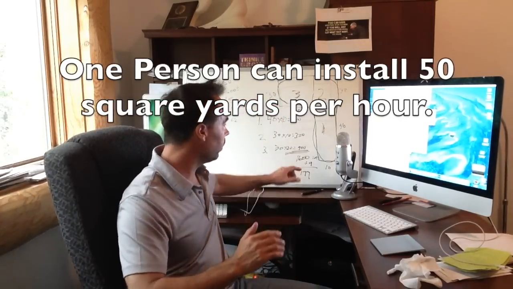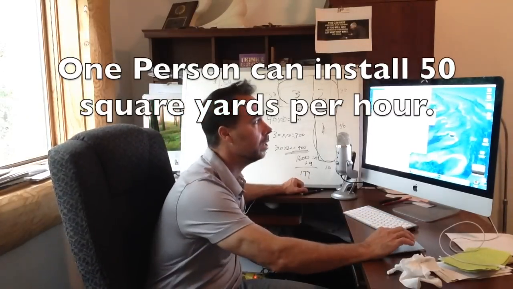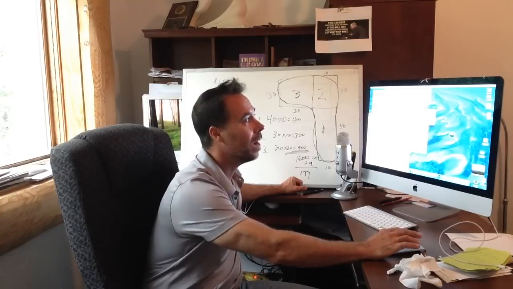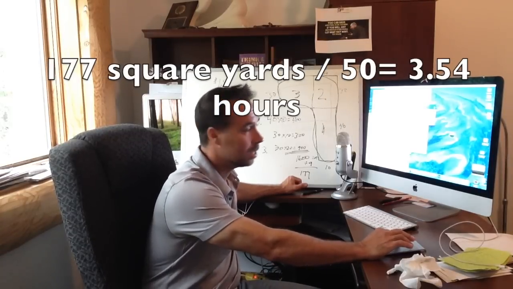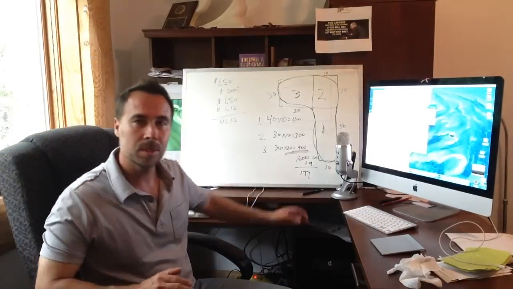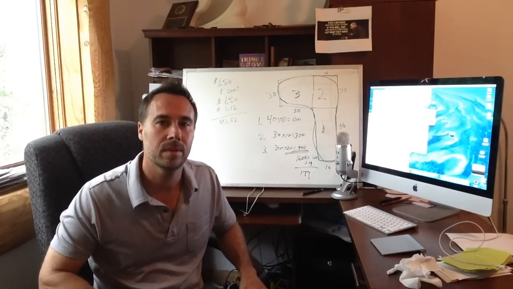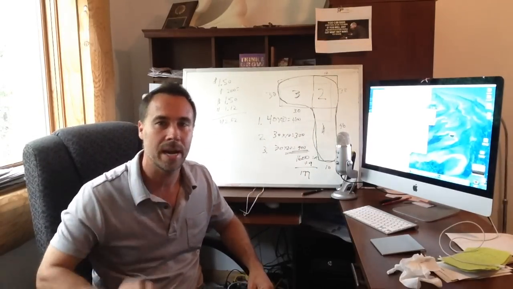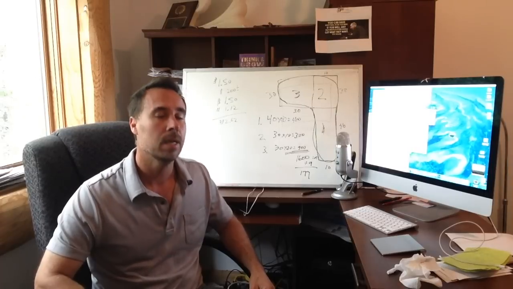On this very specific job, we have 177 square yards. So we take 177 and divide it by 50, because that's how many square yards per hour this guy can put in. That comes up to 3.54 hours. So all that sod in this yard should be installed by one guy in 3.54 hours.